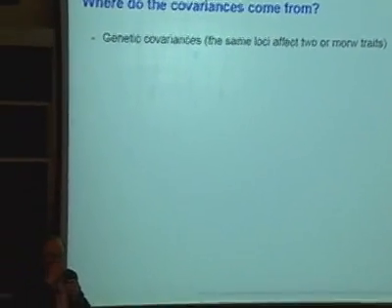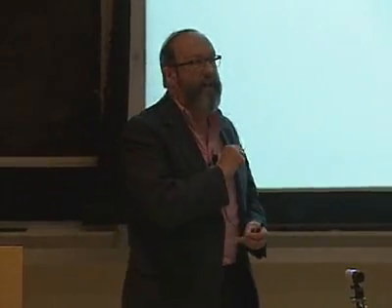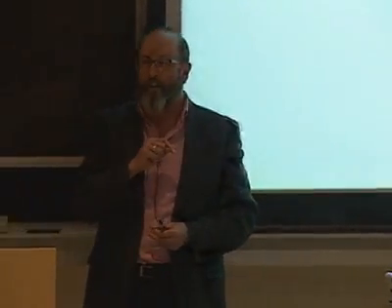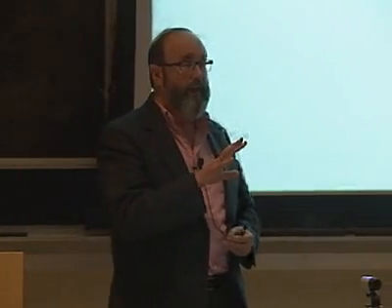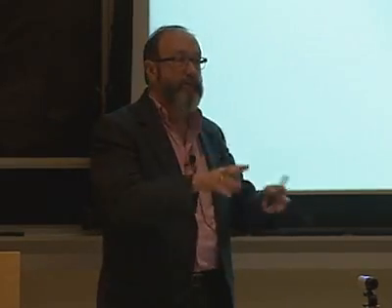And so if you see covariances or correlations between characters, you're likely to say, oh yeah, that's genetic covariation. But not so fast, because there's another source of covariation, and it's very important to keep it in mind. I have been howling in the wilderness about this for almost 25 years, saying, look, folks, you've got to understand this. I have not noticed much reaction yet.